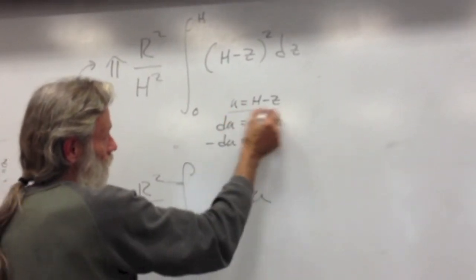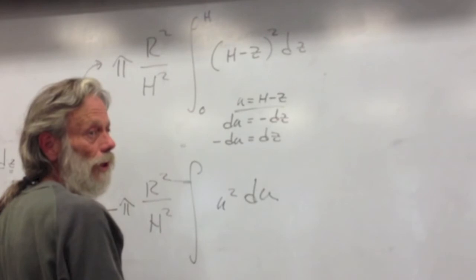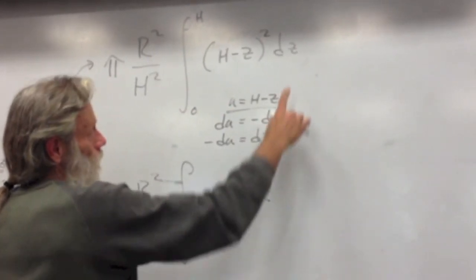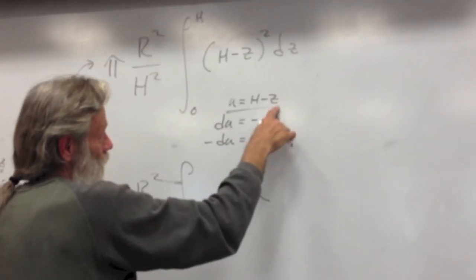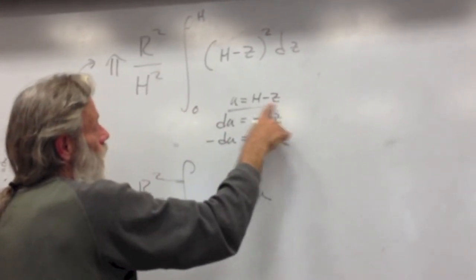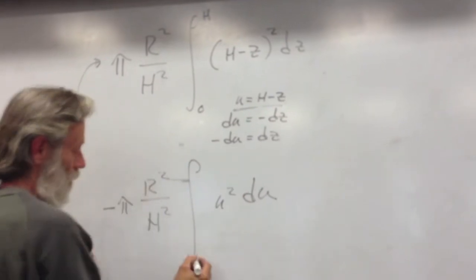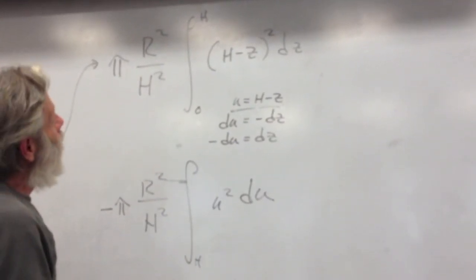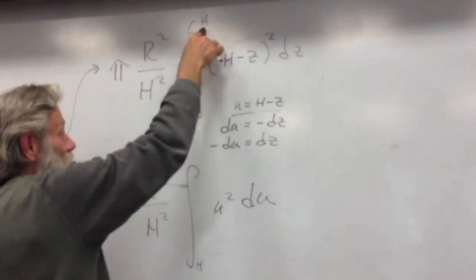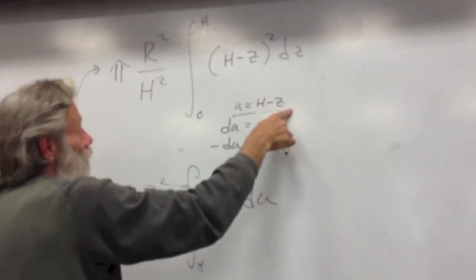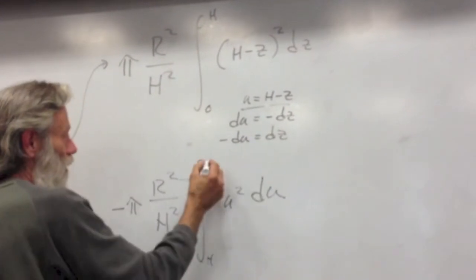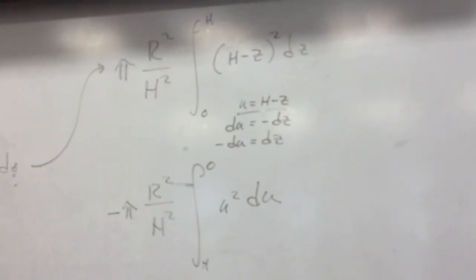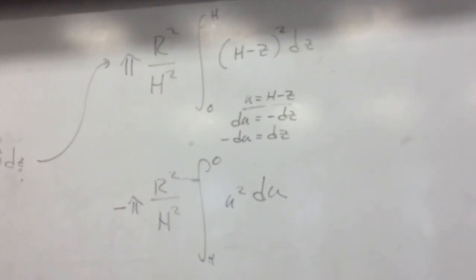This is the thing that tells you how to convert, because that's the relationship between u and z. If z is 0, then obviously u is h, so the lower limit gives me an h there. If z is h, you get h minus h, which is 0, so u must be 0. So instead of from 0 to h, we go from h to 0.